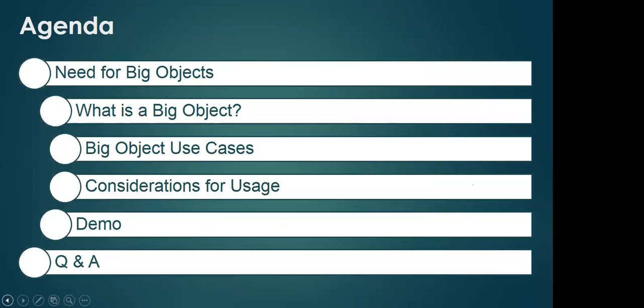With all that said, we will back it up with a demo. We'll be creating a big object right here, right now, and I'll show it to you, along with a little bit of Apex around those big objects. And last but not least, we will have the Q&A session.